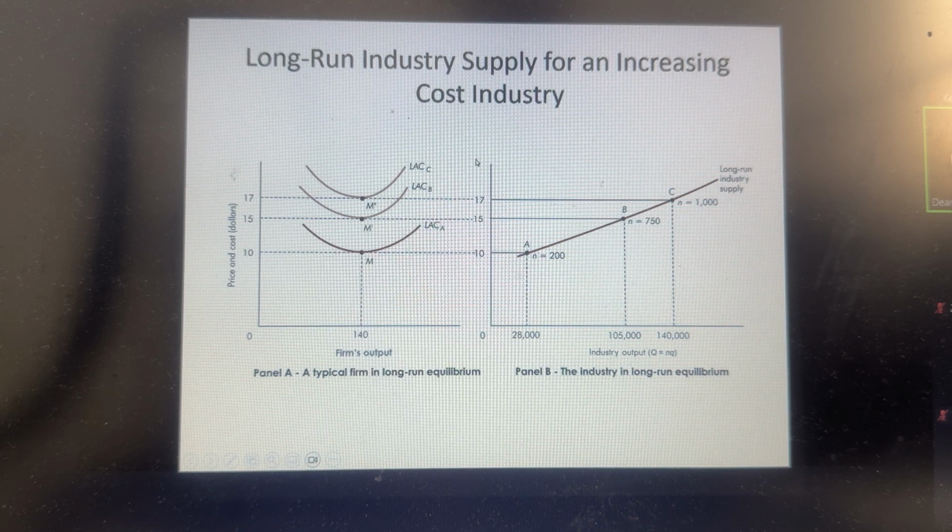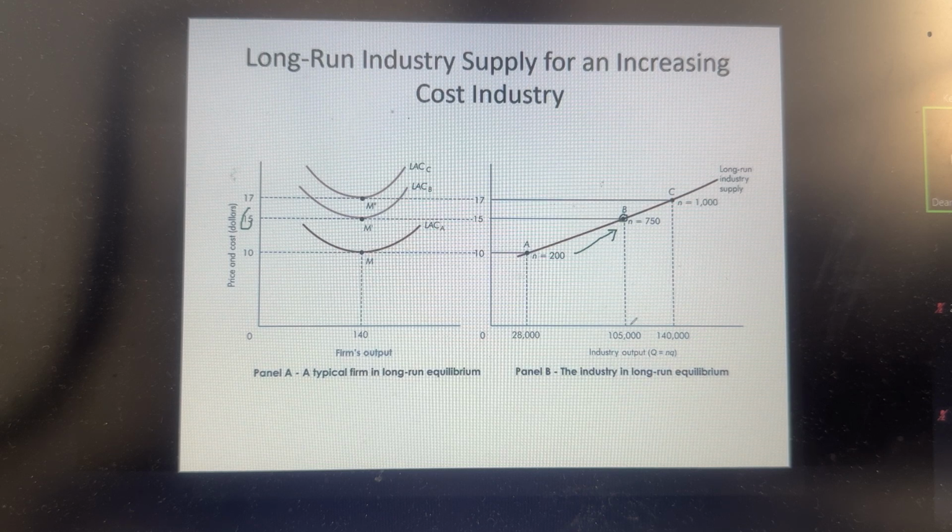Now more firms will come into the market, so the number of firms is increasing. Cost is of course increasing, because if there are more firms, there will be more demand for factors of production. Therefore factor prices will increase, and cost will increase to 15.